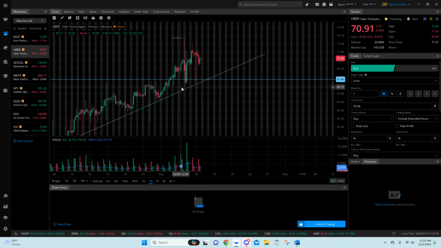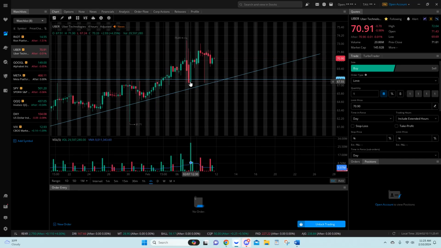Obviously, you have big buying volume there, some more buying volume there, and you can see that volume was increasing before earnings as well. So I would be looking for an entry at 67.86 here.